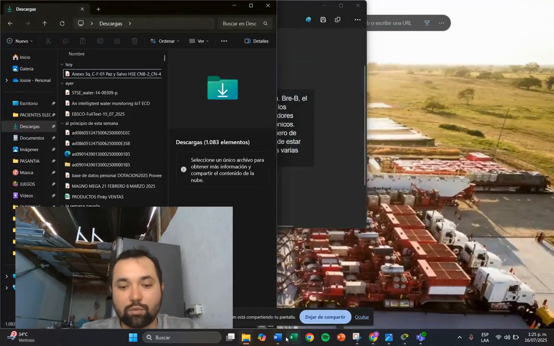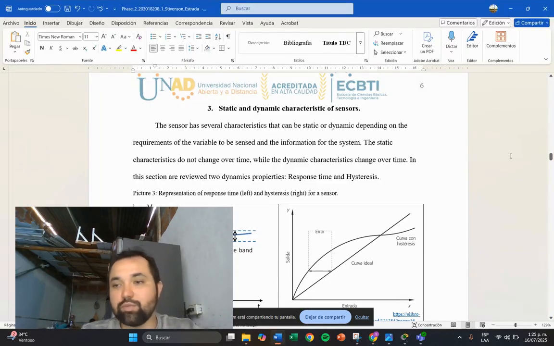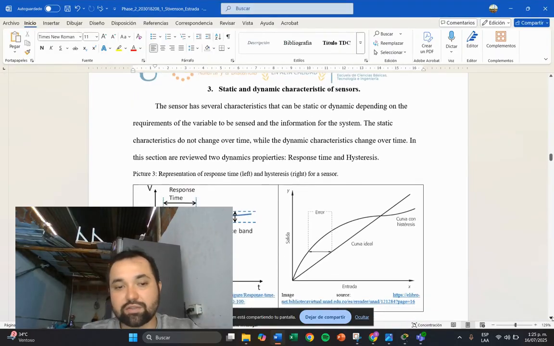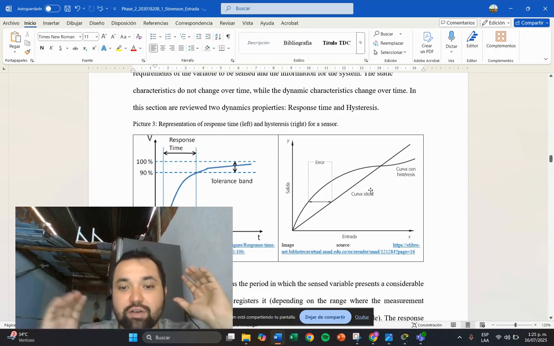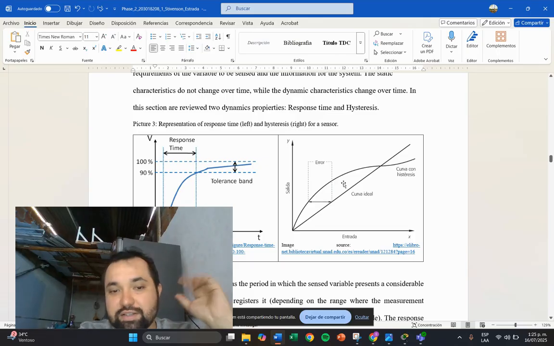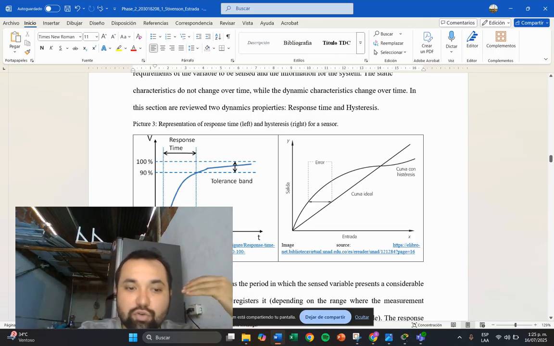In the work for this phase, I present two images, two pictures. In this picture, we have on the left the response time, on the right the hysteresis. The response time is the time after the time constant.